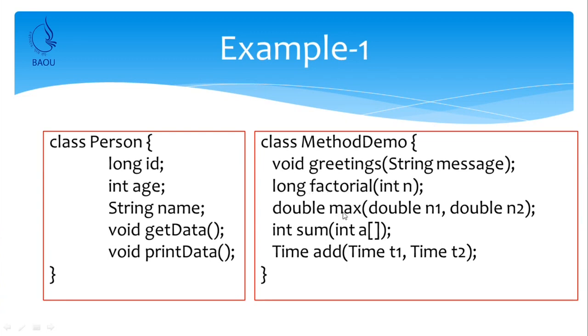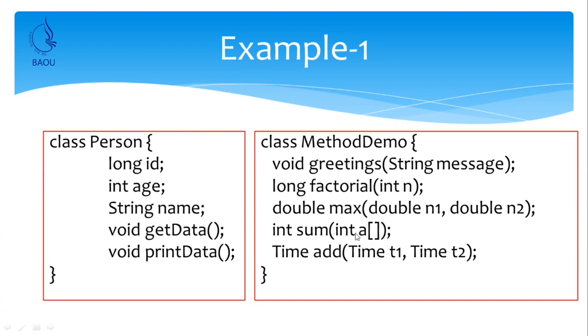The next method demonstrates that we can have multiple arguments also. So, here we take two arguments or two parameters n1 and n2, find the maximum of these two values and return it as a double value, and our method name is max. The next method demonstrates that we can have an array as a method argument also.